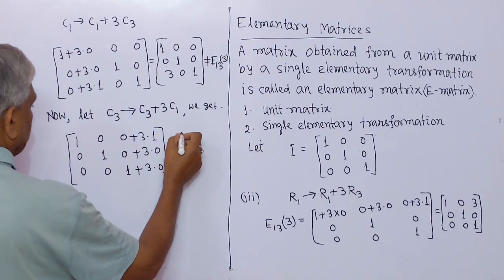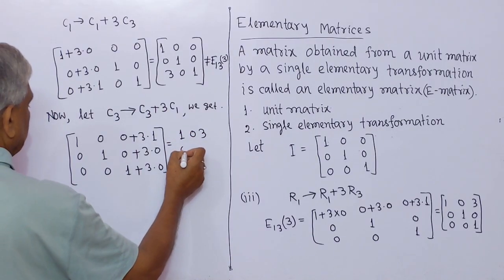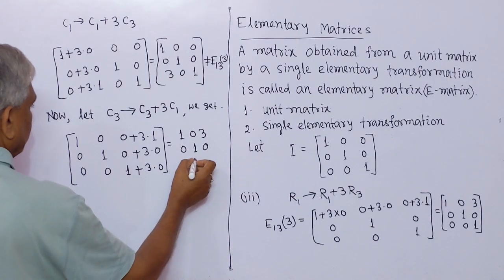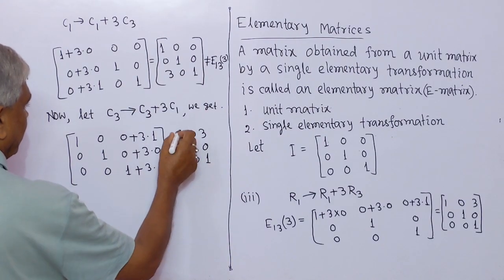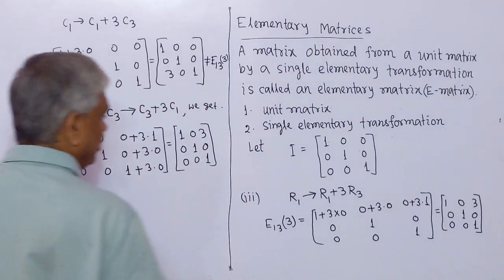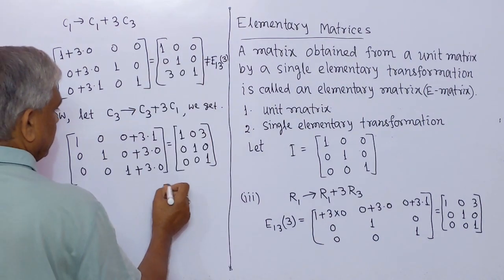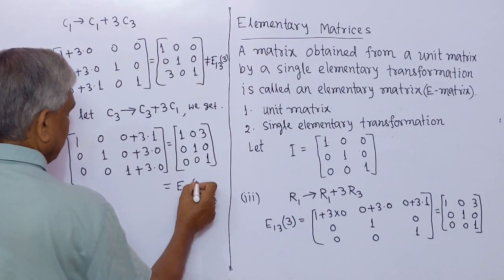This is equal to 1, 0, 3, 0, 1, 0, 0, 0, 1, which is equal to E13(3).